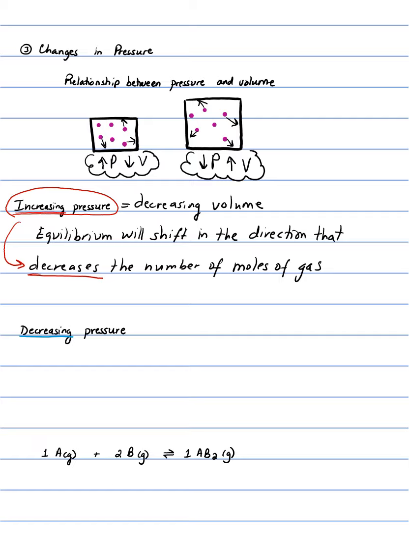Remember, your reaction is trying to find a way of going back to the original equilibrium constant. If you're increasing the pressure, your number of collisions is higher now. If your reaction now forms a lower number of moles of gas, the number of collisions will go down and the pressure will go down again. So we're looking at changes in pressure for equilibrium systems containing gases.